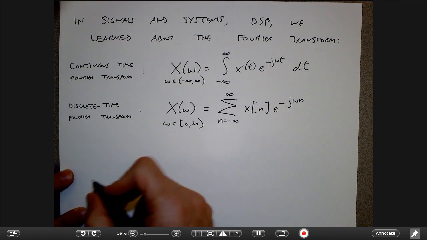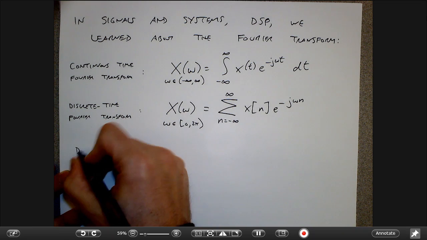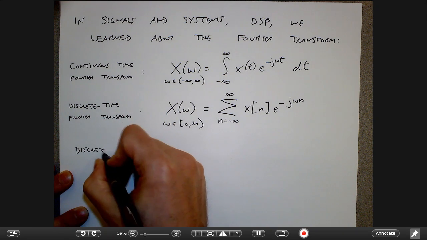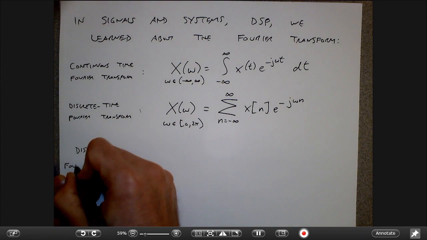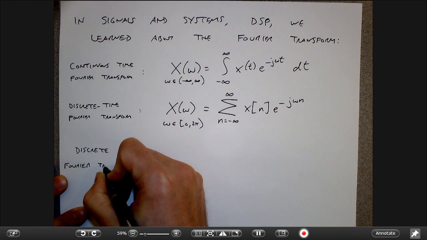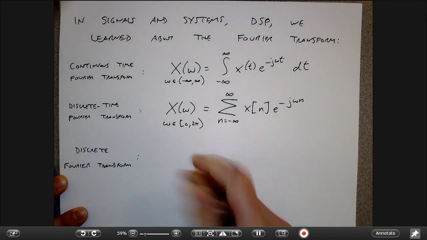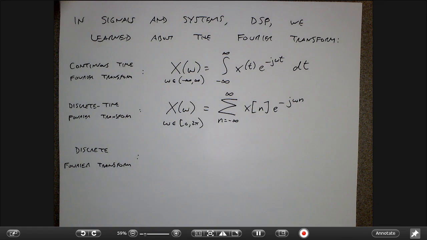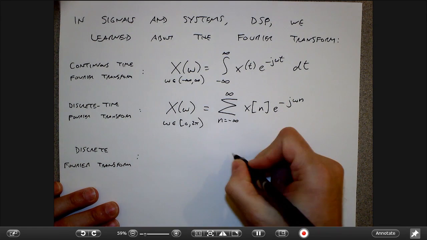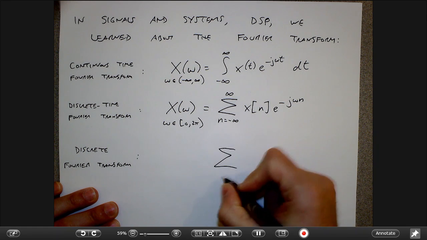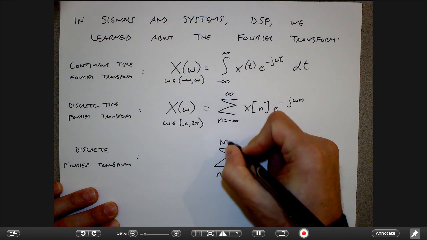Okay. And then finally, we talked about what was called the discrete Fourier transform. That was applicable to signals where instead of having an infinite number of time samples, we had a finite number that we were assuming wrapped around periodically.